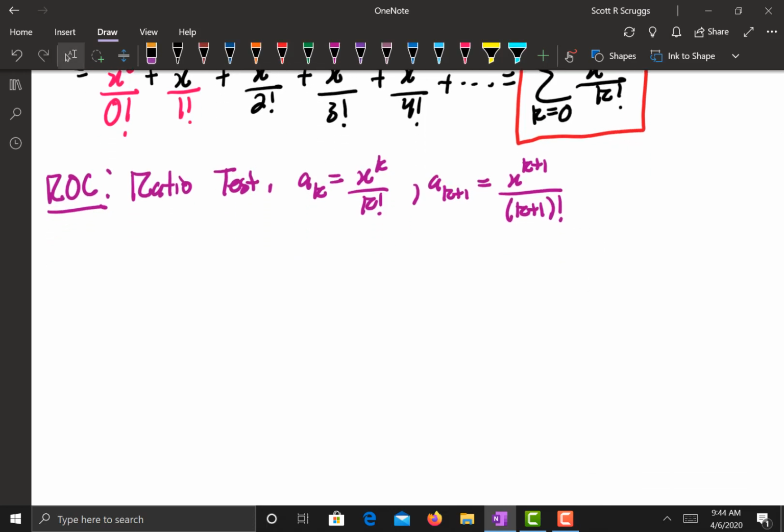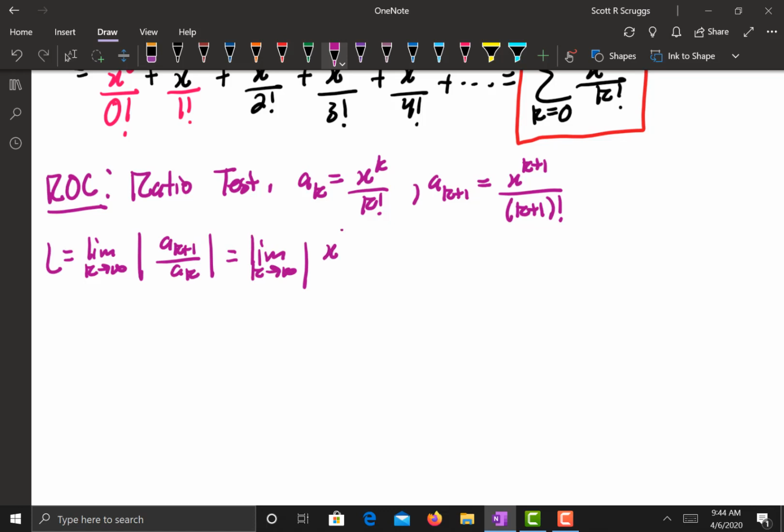And now by the ratio test, L equals the limit as k goes to infinity of a of k plus 1 over a of k, or copy down the next term over, times the reciprocal of the current term.